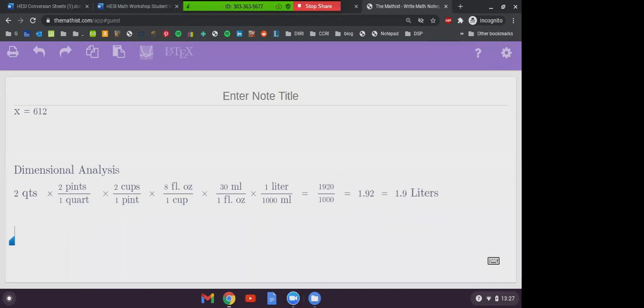Whether you're going bigger or smaller, what cancels tells you where each conversion should go. Tops and bottoms cancel, and what you're left with is usually the thing on top. This is a very common way of doing conversions. If you search YouTube for dimensional analysis, you'll find lots and lots of professors teaching you how to do that.